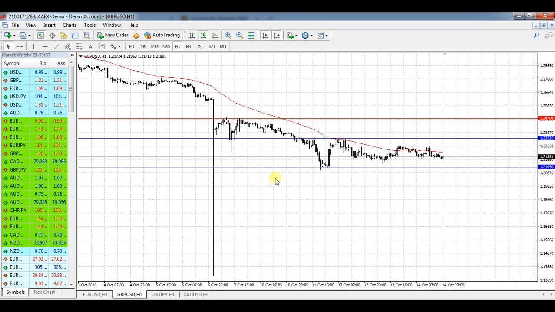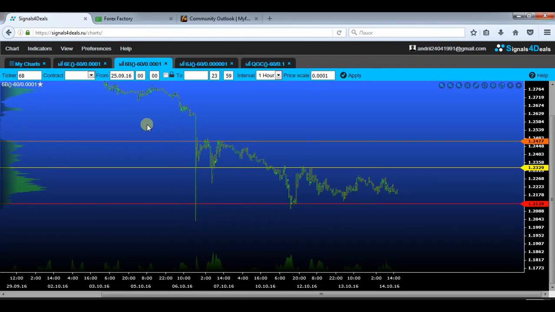Let's take a look at our volume chart. Here you can see that in this consolidation a huge volume is concentrated, so it means that a breakout of one of these borders will start a good local trend.